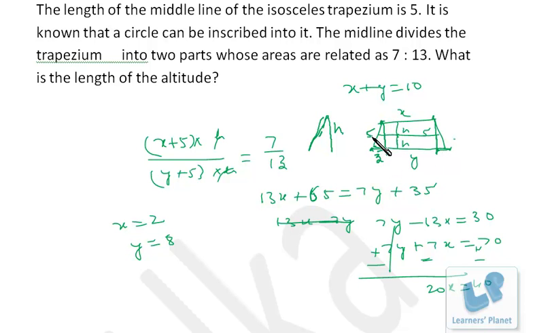So we have the 3, 4, 5 Pythagorean triplet. That means the height of this trapezium, or the length of the altitude, must be 4. Okay, an interesting problem. Various concepts we have used in solving the problem. I hope you are clear.